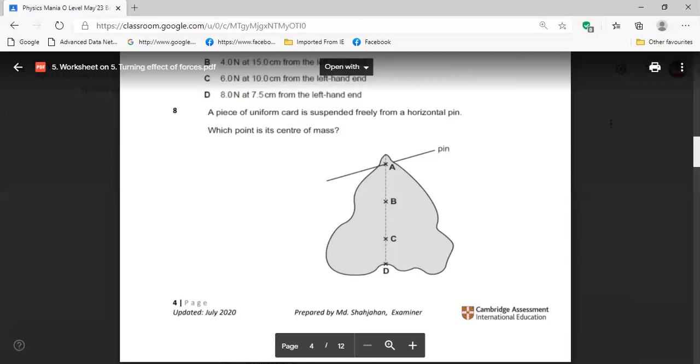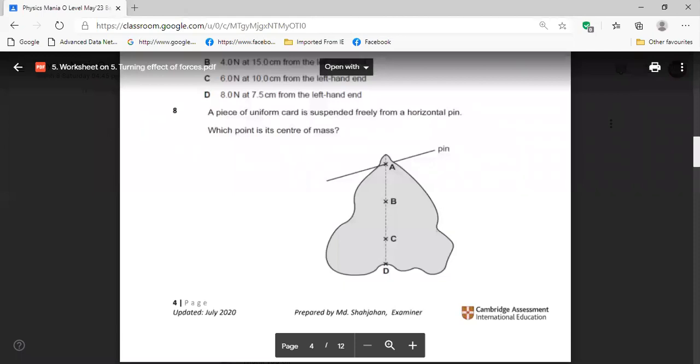So which one do you think, C or B? I am confused if it's C or B. Okay, I think it could be C. Which one do you think is more appropriate?